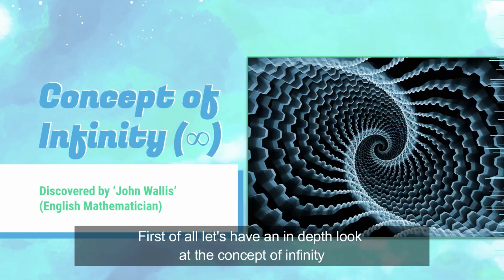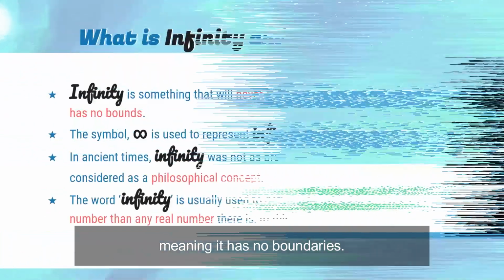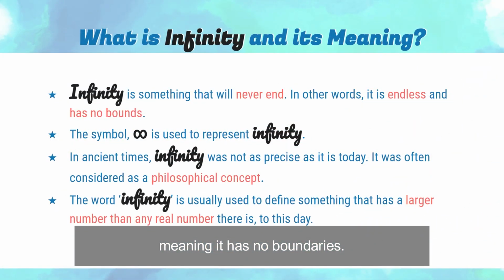First of all, let's have an in-depth look at the concept of infinity, discovered by John Wallis. Infinity is something that will never end, meaning it has no boundaries. This symbol is associated with it.